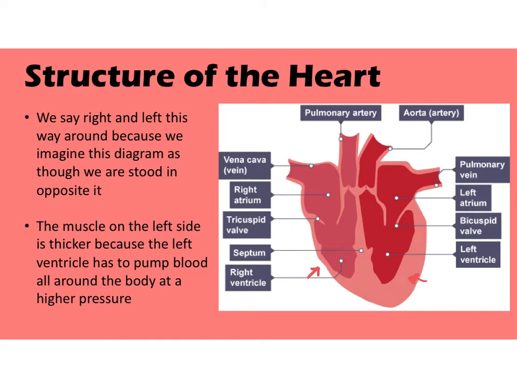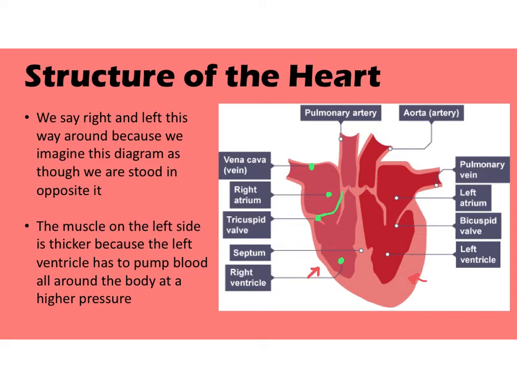Okay, so let's look at this diagram here with all the labels. So let's start by here. This is the vena cava. That is the vein that brings deoxygenated blood into the right atrium, which is here. This tricuspid valve here closes like this until the blood is ready to be pushed from the right atrium into the right ventricle. The right ventricle is this chamber down here.